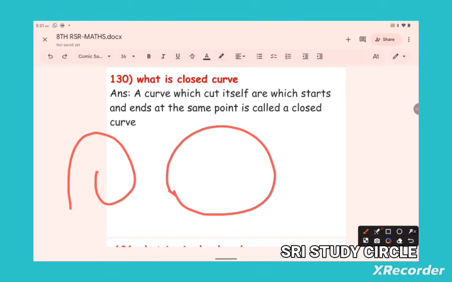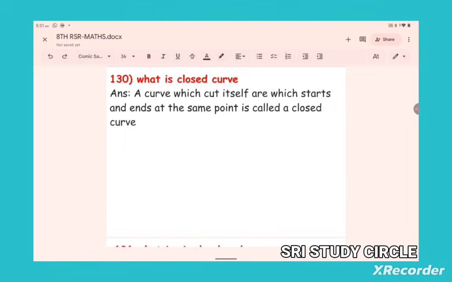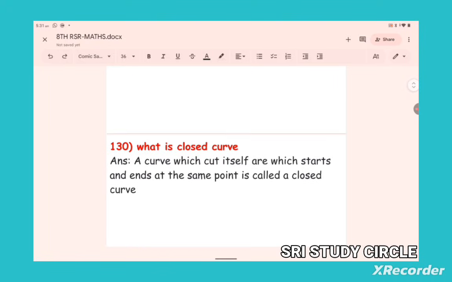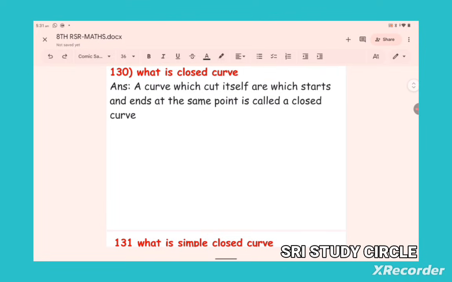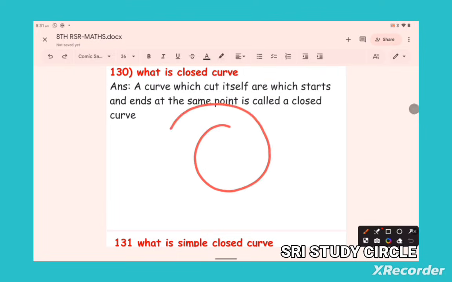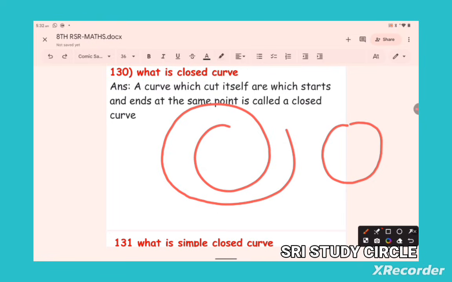This is an open curve. Open curve. Closed curve. Okay.